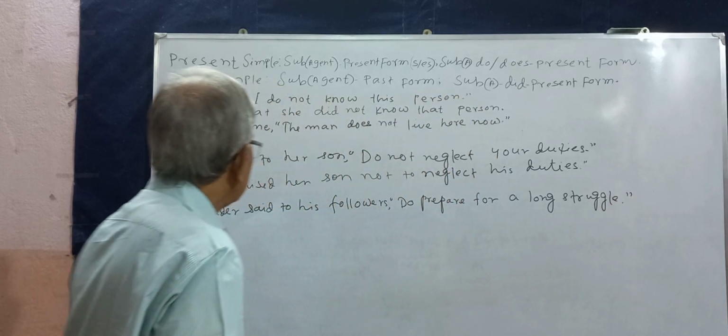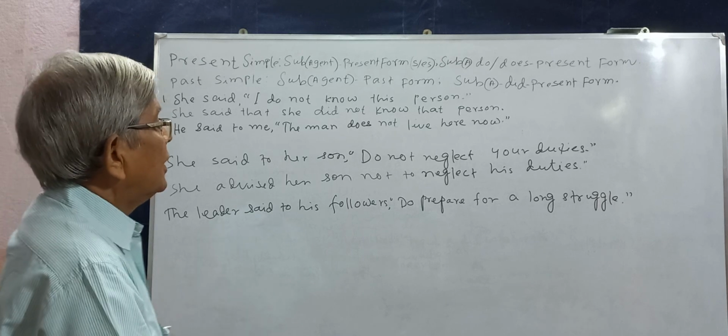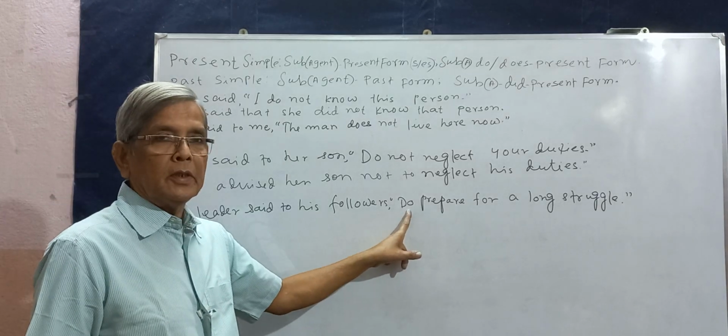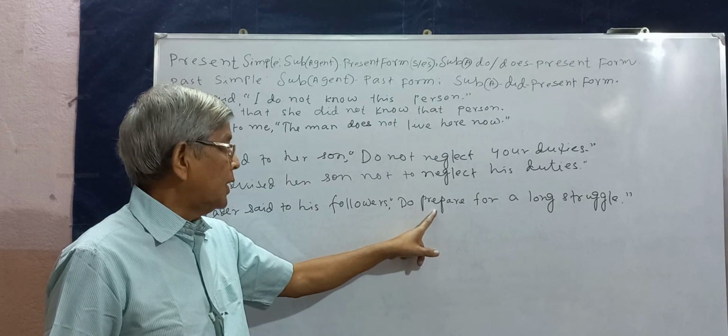The leader said to his followers, do prepare for a long struggle. It is a positive imperative sentence. We have used do here to lay emphasis on the verb to prepare.